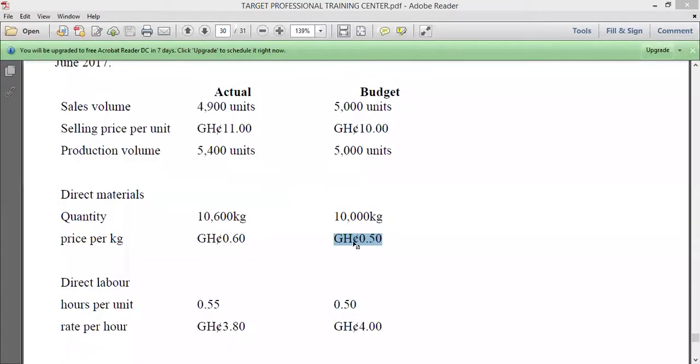Per the standard, if you want to produce 5,000, we have to use 10,000 kg. So what would be the material usage per unit? I think it will be 0.5, right? Good. If you want to produce 5,000, you have to use 10,000 kg. So what's the material usage rate per kg?